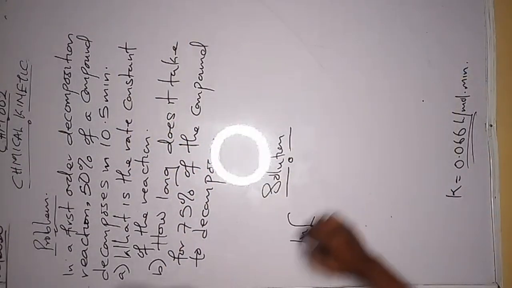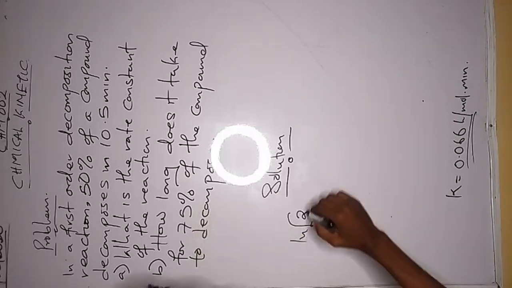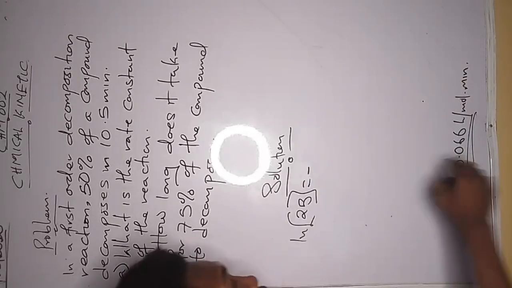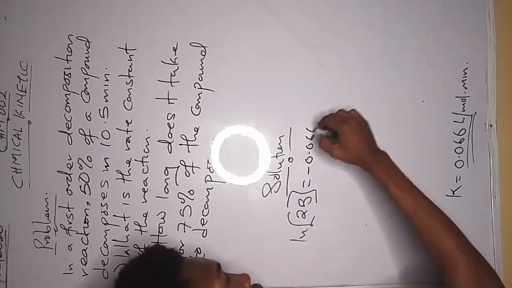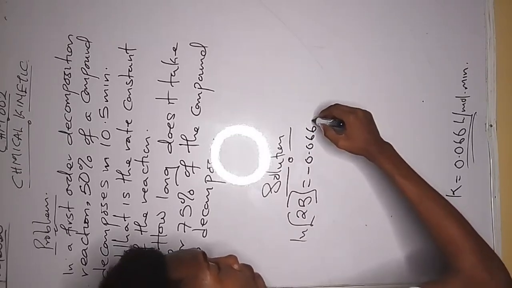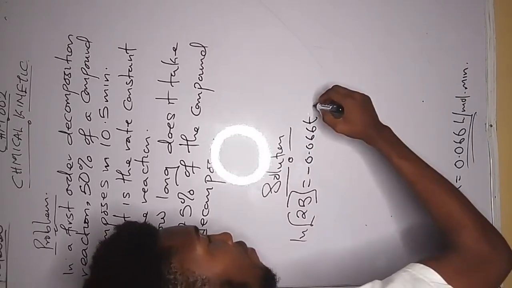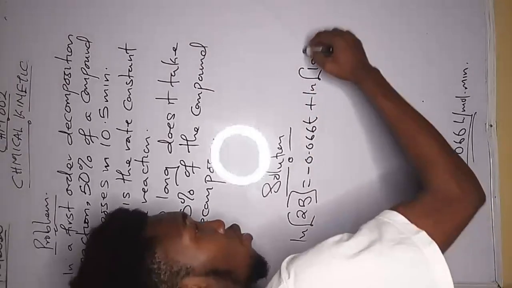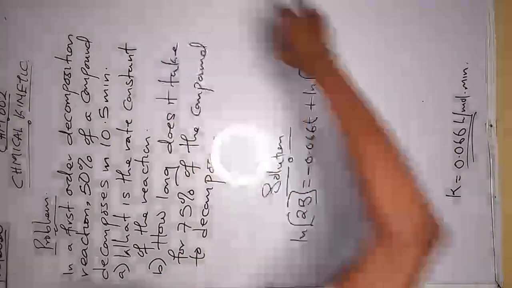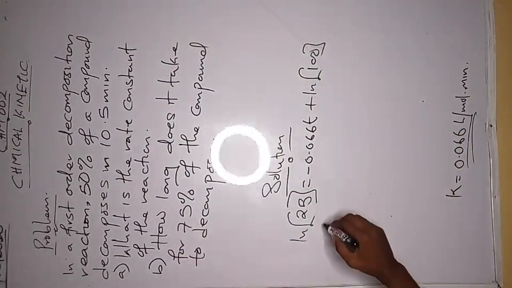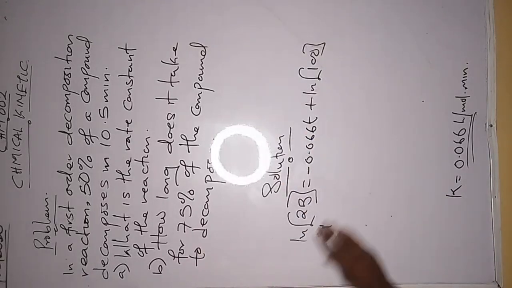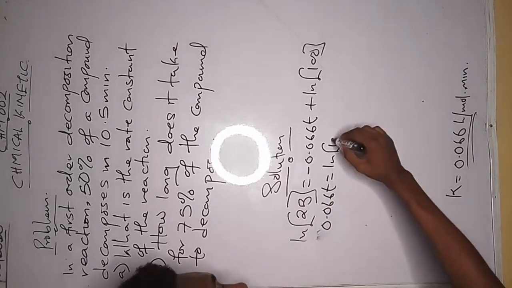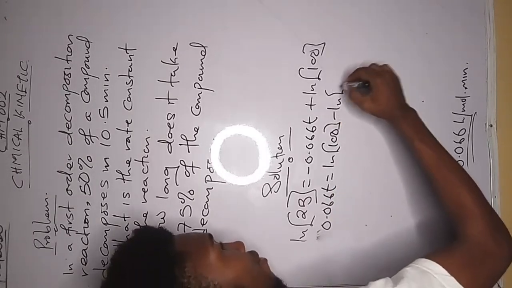We have what's going to be remaining after 75 has decomposed. It will remain 25. ln of 75 equals minus K. We've gotten our K before, which is 0.066 T. We are looking for T. Plus what's our initial? 100, because we're doing a percentage. It said 75 decomposed, that means it was 100 before. So we'll be having 0.066 T equals ln 100 minus ln 25.